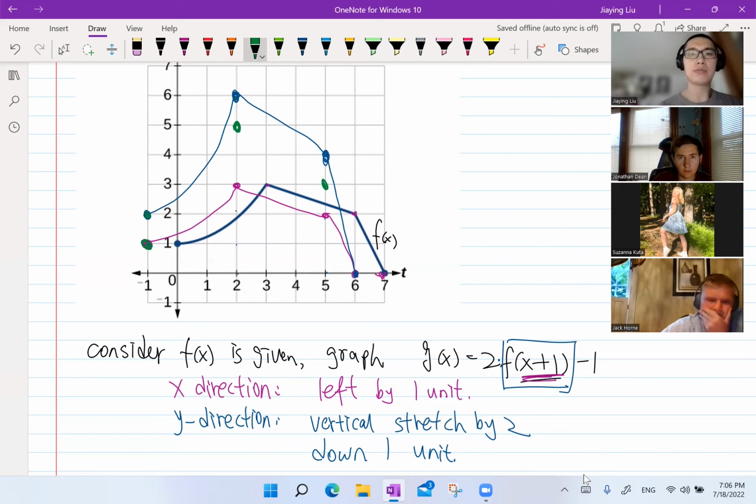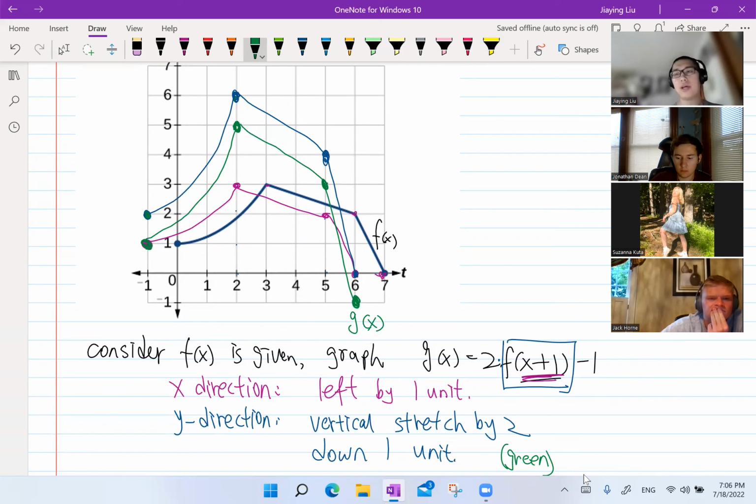And that one becomes there. And then the 6, 0 becomes 6, negative 1. So we end up with this shape, the green one. At the end, this is g of x. Any questions about transformations? Okay.